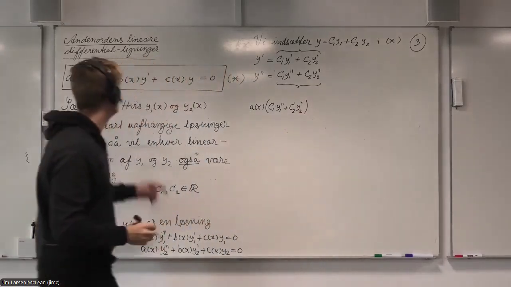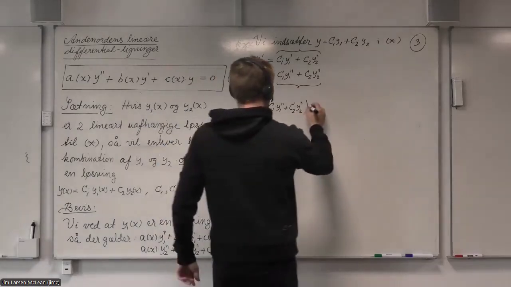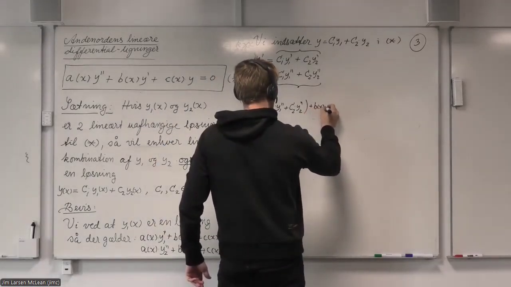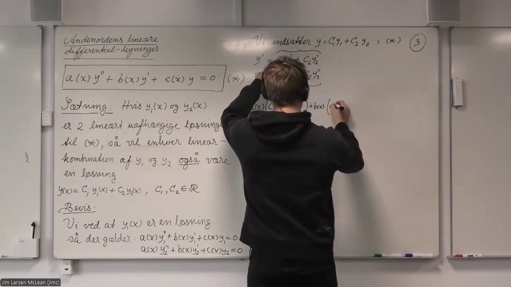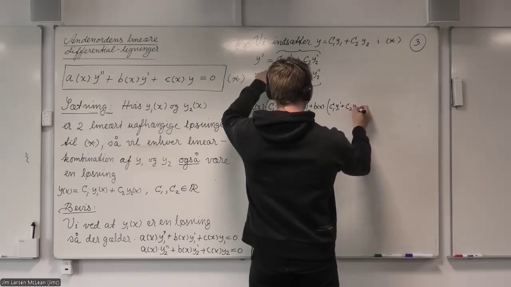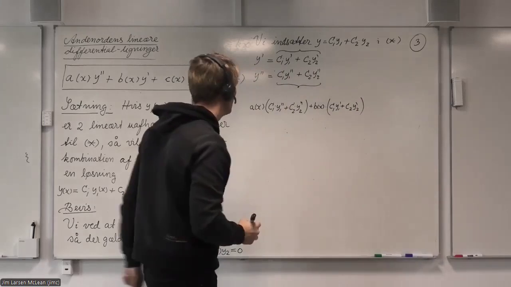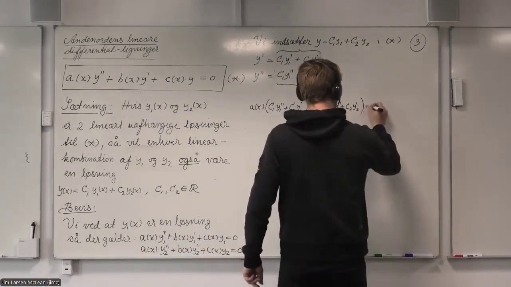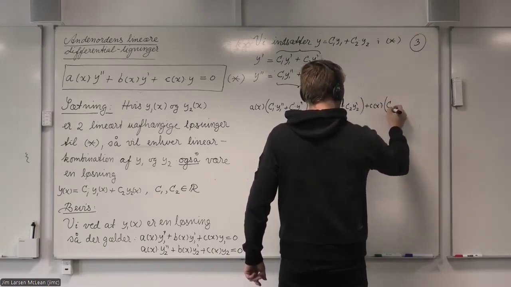Now I've substituted y double prime, then I get to this plus b of x times parentheses. Let's get this one up. c1 y1 prime plus c2 y2 prime, like that, that was it. And finally, I need to have plus c of x times c1 y1, then add c2 y2.